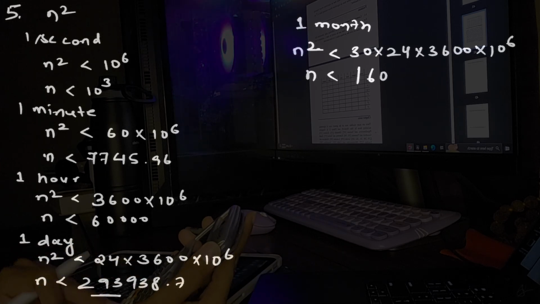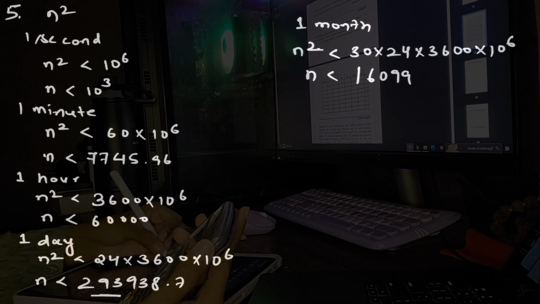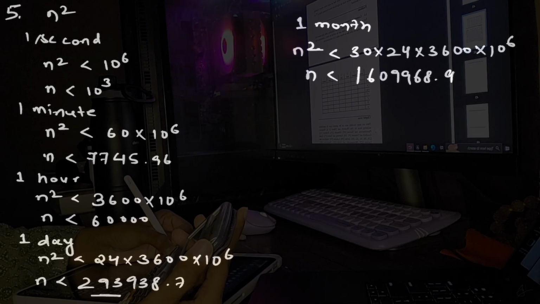Now n would be the square root of that, and it will be 160,996.8944. Again, we can take the first digits.